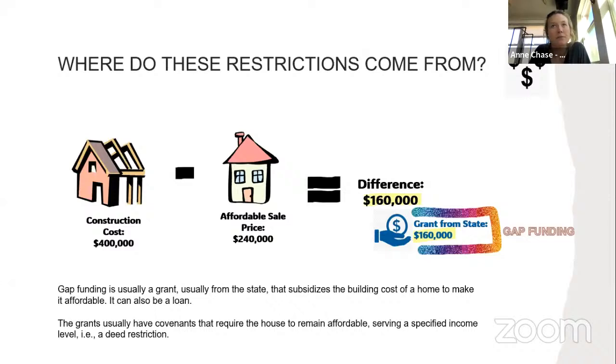And usually that varies. Usually it's like 140% of the income level and below. And this is just to guarantee that these subsidies are helping lower income residents access housing opportunities. And so I just wanted to give a little bit of background on where these restrictions come from. Next slide, Lucy.